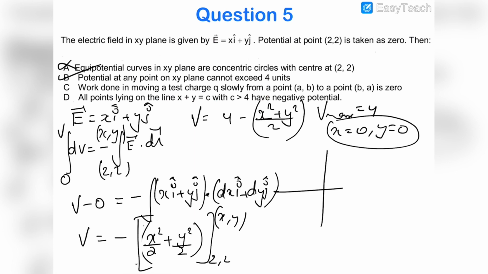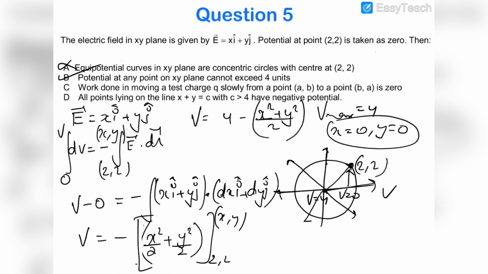We already know that the equipotential surface is a circle whose radius is 2 root 2. So if you see that there is a point which is having the 0 potential, this potential is 0, and this potential is V equal to 4, and electric field is pointing in the outward direction, which means that when we start to move from origin in the direction of electric field, then potential will decrease.